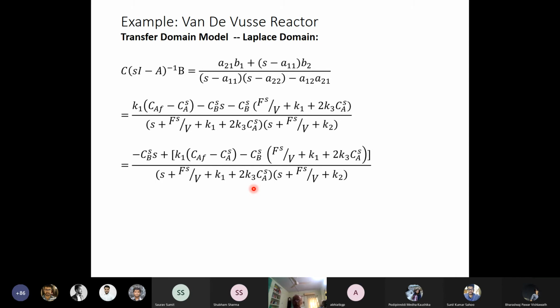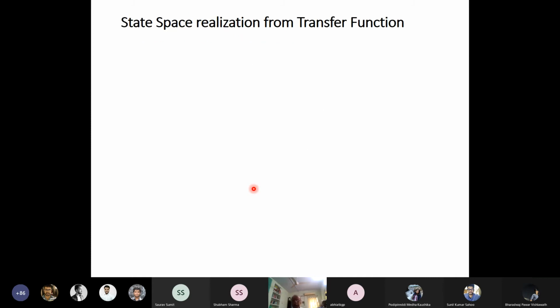Now, if we have a transfer function model, can we realize the state space model from it? So the next section is the state space realization from the transfer function model. Okay. So in this case, let's say we have a transfer function model available with us already. Can we build a state space model from that transfer function model?